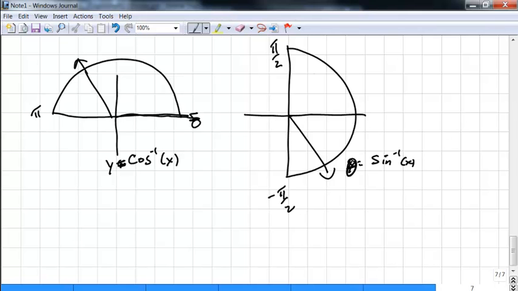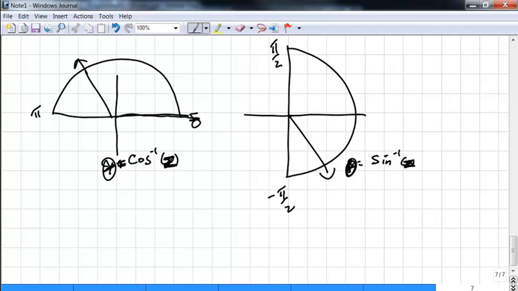Let me call it theta. Maybe we'll use another letter altogether, let's say z, so we're not confused with the x's and y's on this picture. So that's sine and cosine.